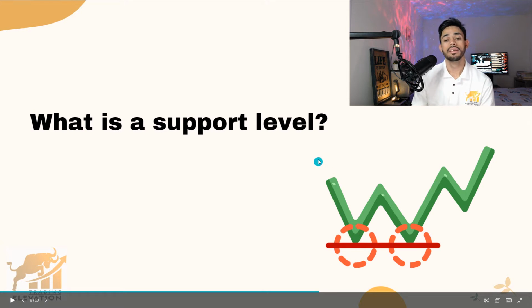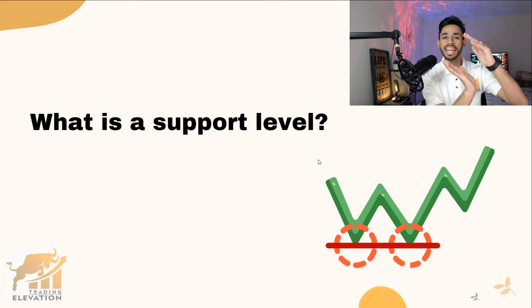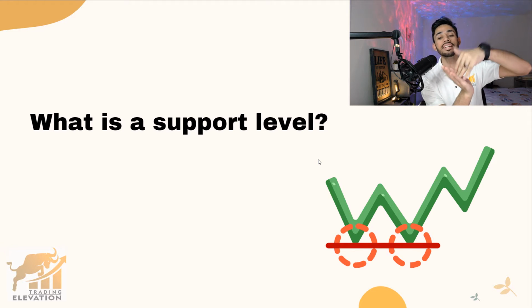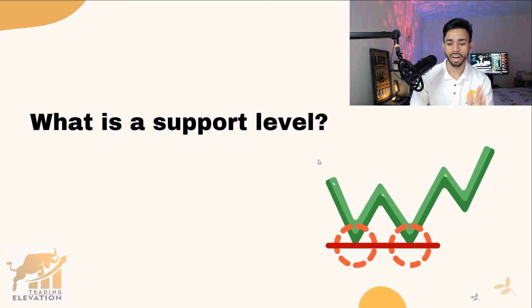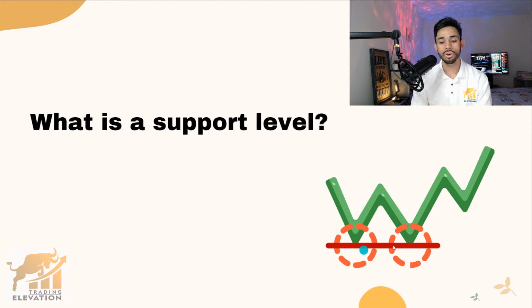When we talk about support, that means a level is basically supporting the price. It's all about price. So for example, imagine this is a bearish market, and when it reached this level, it stopped. That means this level is basically supporting the price, not letting it fall anymore. So basically this is called a support level.